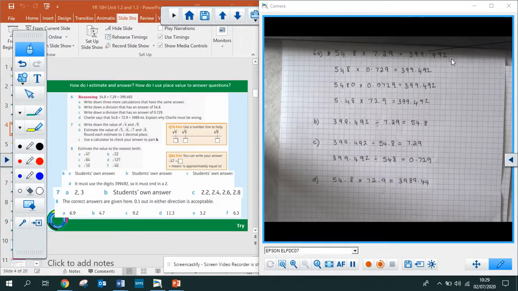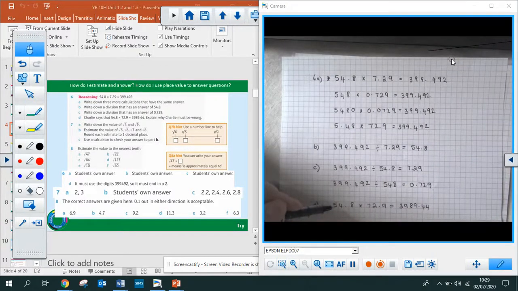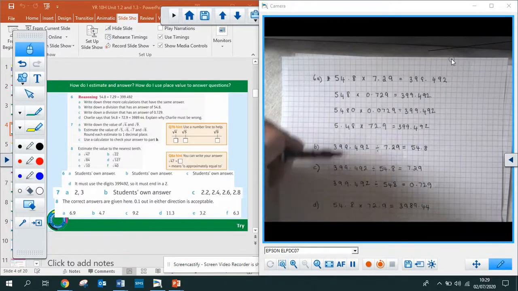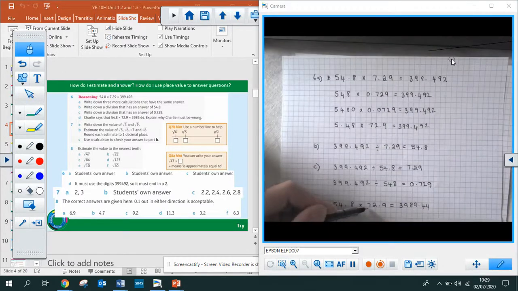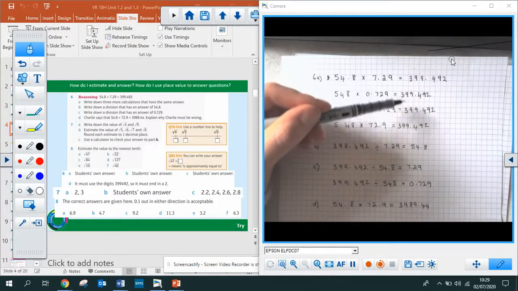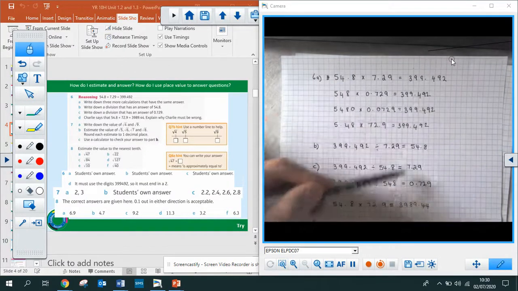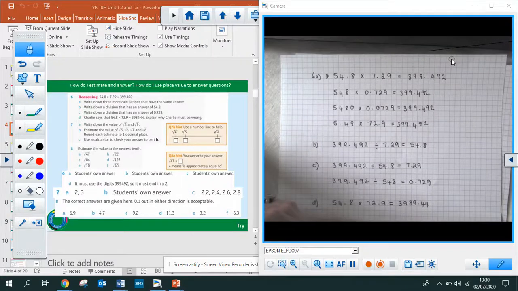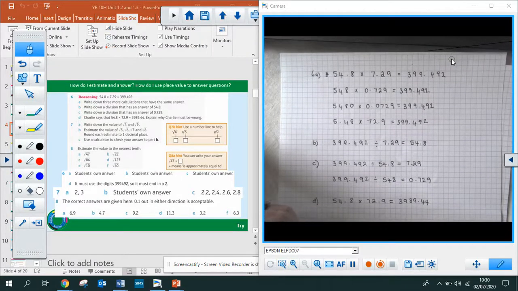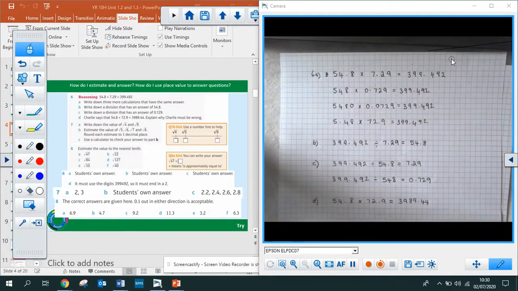Let's have a look at the original fact that we were given. 54.8, that one stayed the same. 7.29, that's become 10 times bigger to 72.9. So we'd basically expect our answer to be 10 times bigger. But for some reason, Charlie's digits have totally changed. The 39 is the same, but then they've changed after that. So he's wrong because it must use the digits that are used here. That's what you should say.